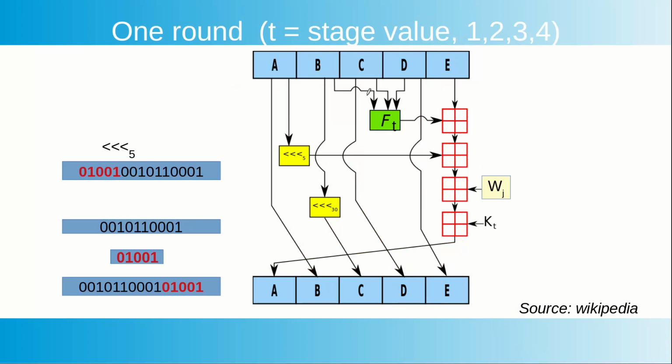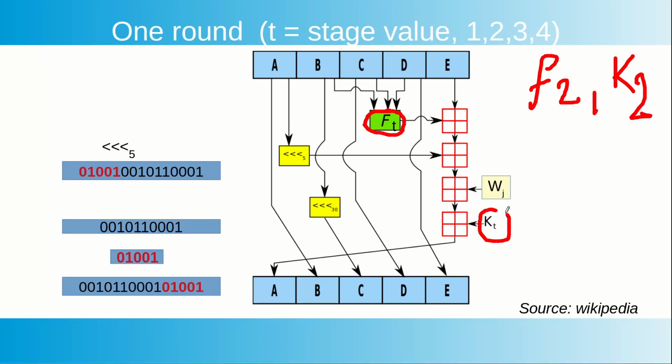So, what is this computation? Recall in our earlier cases we have stated that we need function 2 and K2. So this is our function 2 and this is our constant, and this is the word which we are taking, say for example W20 or W21, whatever it is, depending upon the stage and the round.